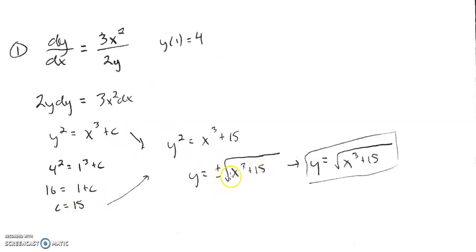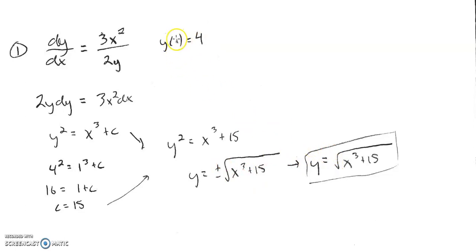When I square root, I get the x cubed plus 15 in the root, and technically we get a plus or minus out front here, right? Because either a positive or a negative y would fit this equation up here. So I get this plus or minus. In this case, because y is a positive 4, I only take the positive side of the plus or minus.